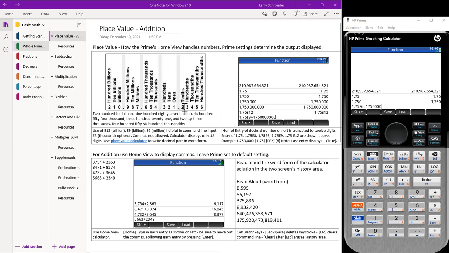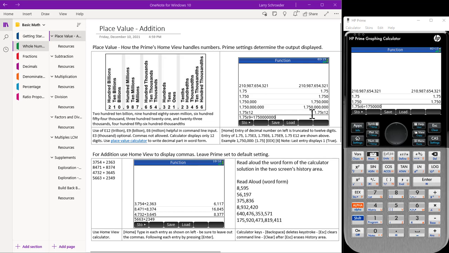Our calculator can only display 12 digits. So when we enter this number into our calculator with this decimal notation here, it truncates it to these 12 digits. We take a look at these numbers being entered into our calculator: 1.75, 1.75 e to the third, 1.75 e to the sixth, 1.75 e to the ninth, and 1.75 e to the 12th. We notice that the only one that comes out the same as we entered is the last one with the 12th.